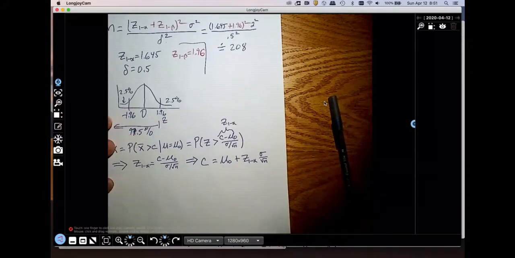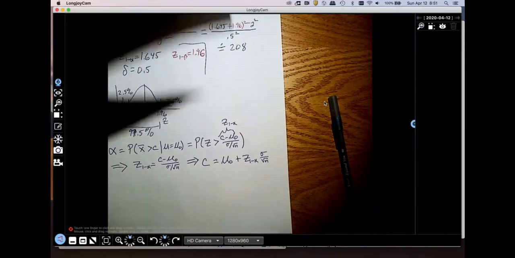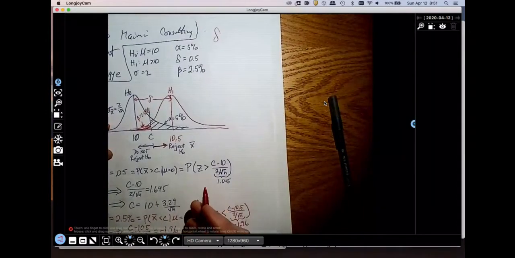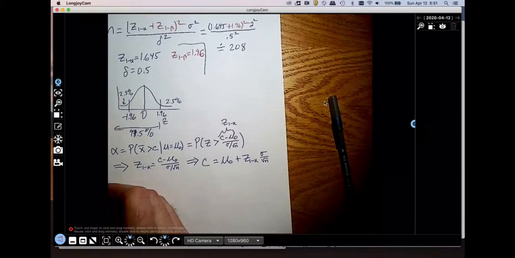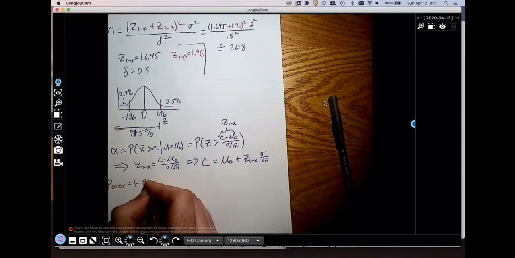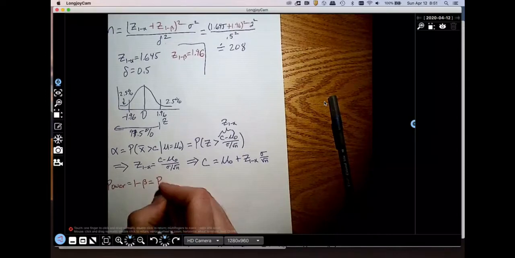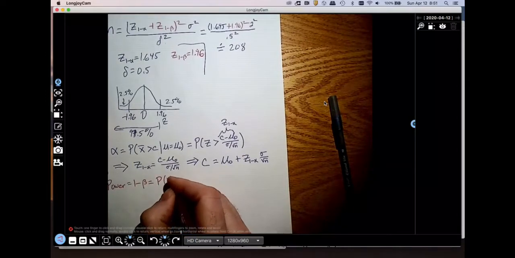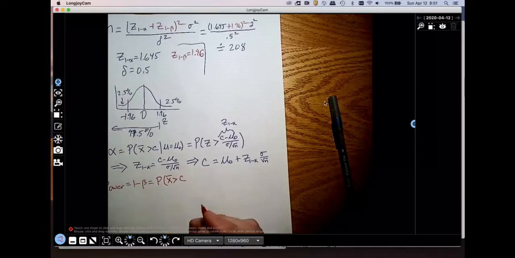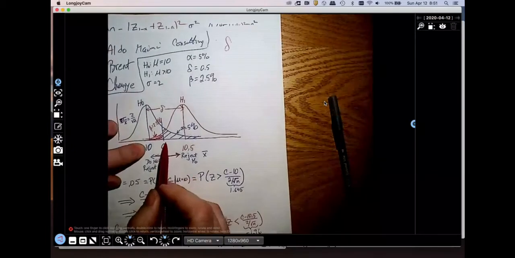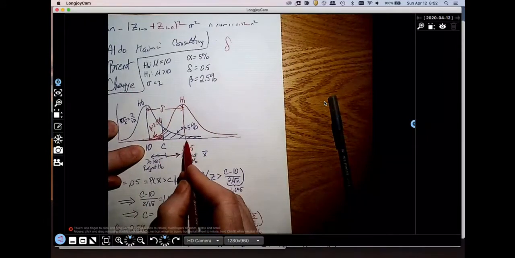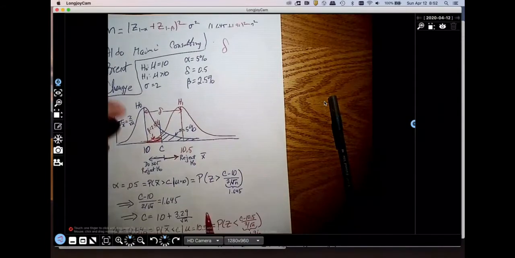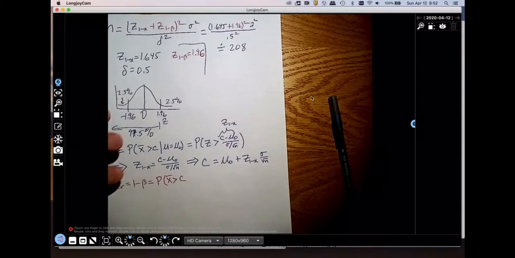All right, well, let's now go do this for the red distribution. But instead of writing beta, which is what I did before, let's write this in terms of the power. So the power, which is just 1 minus beta, is equal to the probability that I observe an x bar bigger than c. So remember, the power is the probability that I get one of these x bars bigger than c if this is the mean. All right, so let's go write that out.